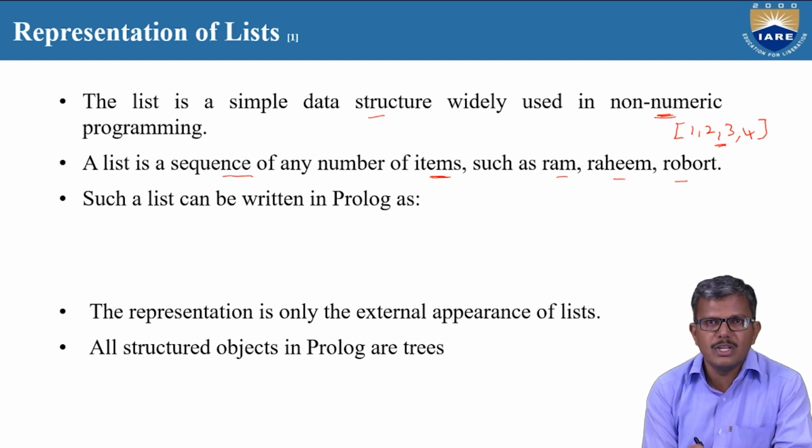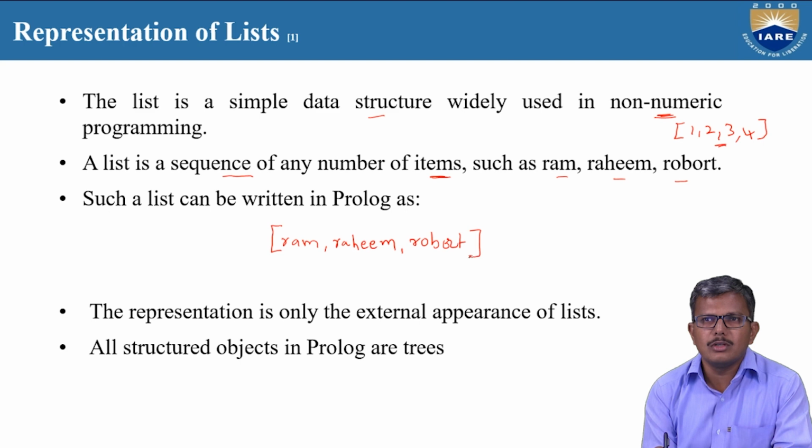In simple words, the list can be represented in a particular fashion. The first common way of representing the list items is using square brackets. In the square brackets, we need to represent the items we are considering: one is Ram, another one is Rahim, and the third one is robot.